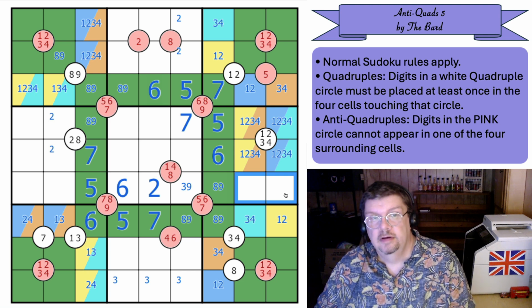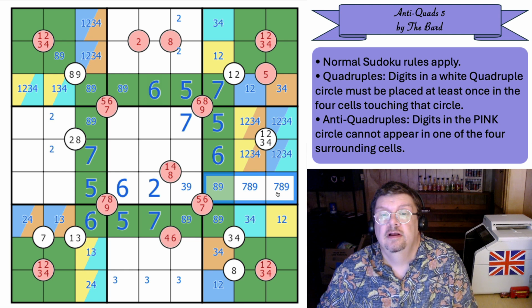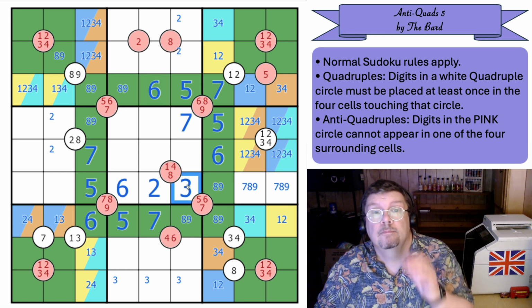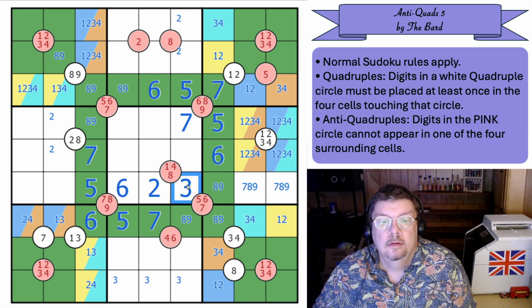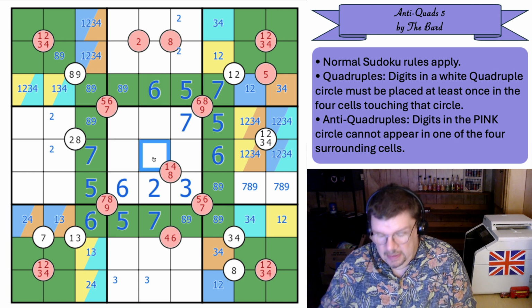These 3 digits are now 7, 8, and 9. Yeah, these 3 are 7, 8, 9. That 7, 8, 9 triple makes that a 3. That's no longer a 3. Okay, 5 must go here by Sudoku.